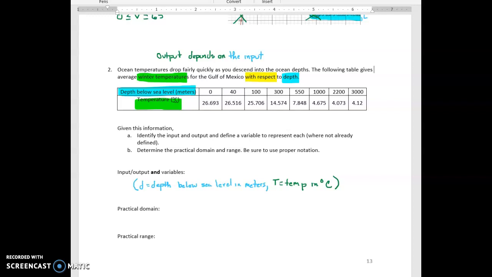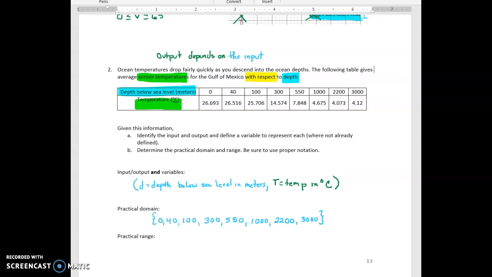The practical domain in this case, because these are just specific points, we're going to list them out. So we're going to have 0, 40, 100, 300, and so on from the table, the last one being 3,000.